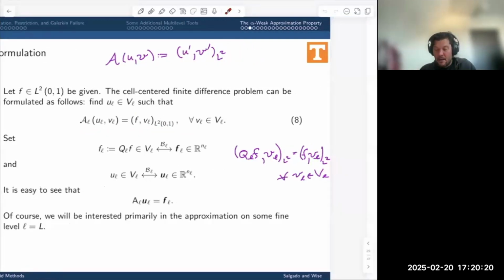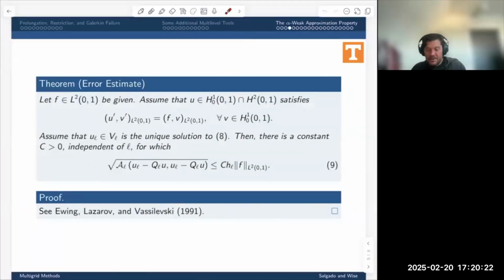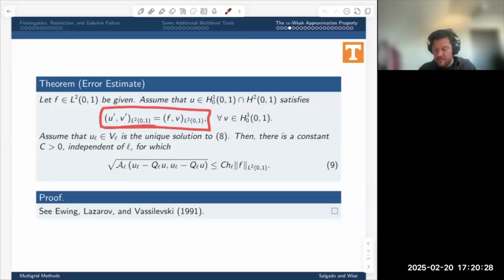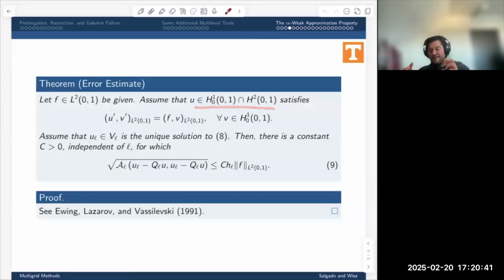We assume we have this continuous problem which can be written in weak form: given some L2 function, we can always find a U from this function class which satisfies this equation.